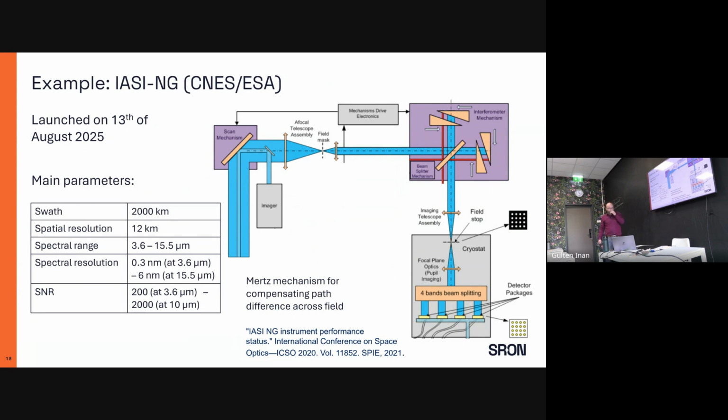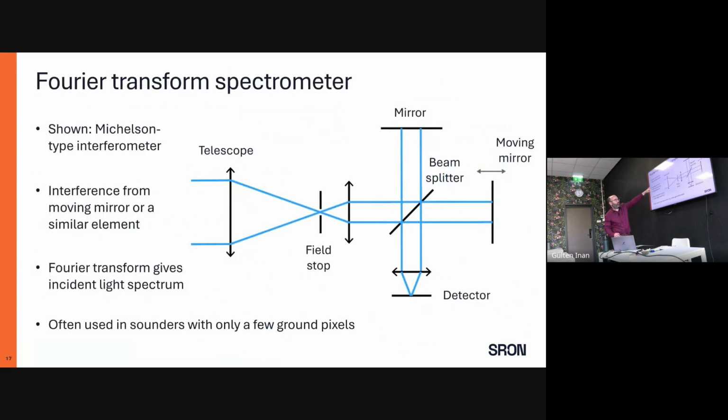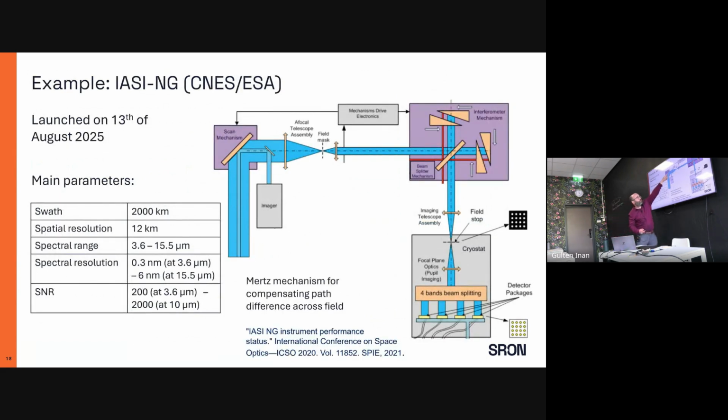So I will not go into the full design of this instrument, but what is interesting about it is that it has a very similar layout as I had on my previous slide. You have some telescope, a field stop, you collimate a beam. So this you see again here.